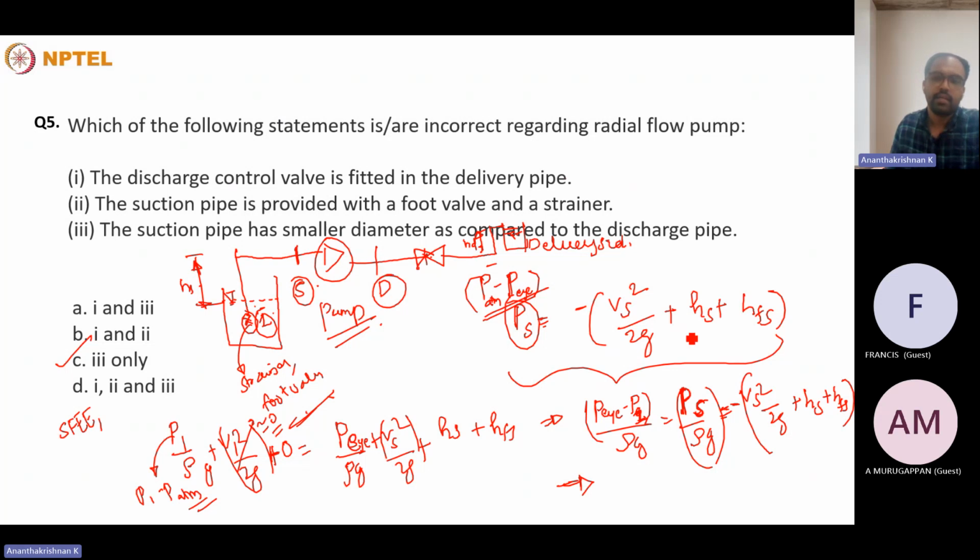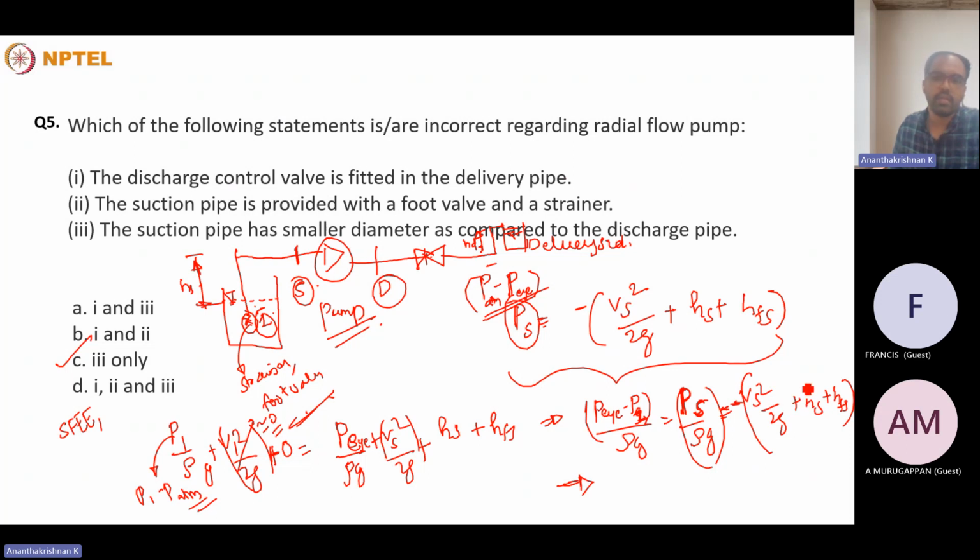To prevent that, the magnitude of this whole negative term should be very small, somewhere near the atmospheric pressure. It will definitely be less than atmospheric pressure, but it shouldn't drop that much. How to reduce the magnitude? There are only three options. One is we can reduce the static head, but that is not a possible thing for our already installed system.